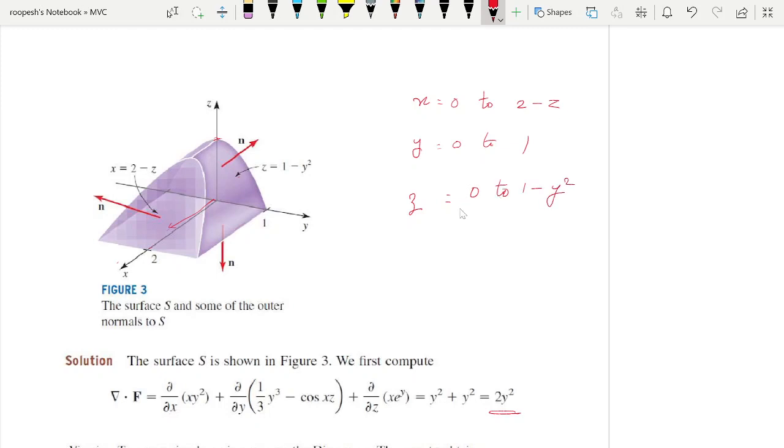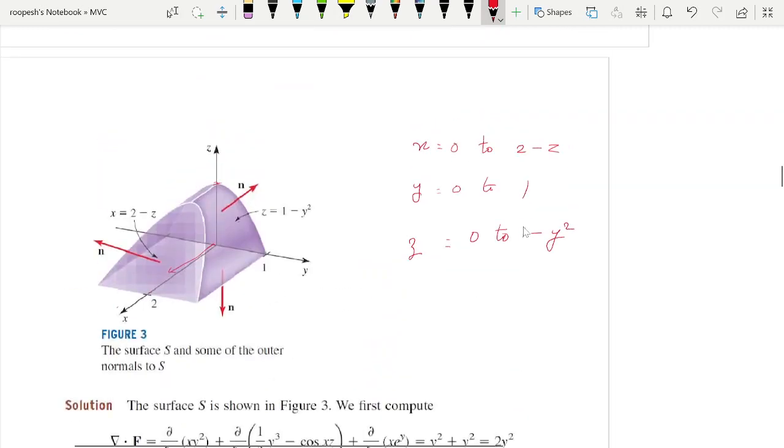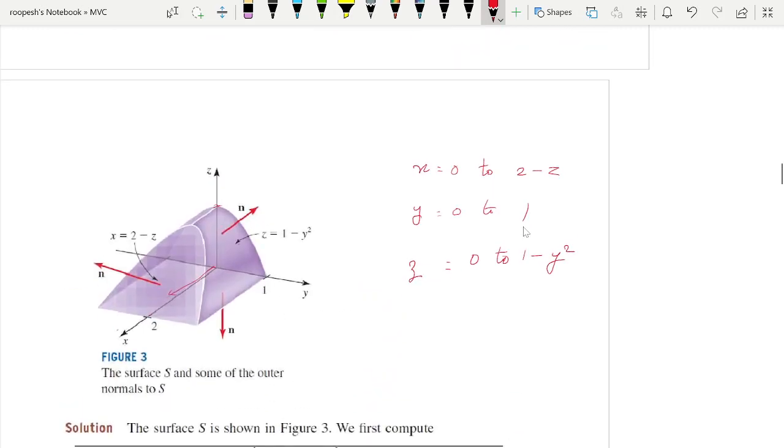Let us see the limits. Here y is varying from this one. Okay, from here, this here is minus 1, I missed that one. So y is varying from minus 1 to 1.